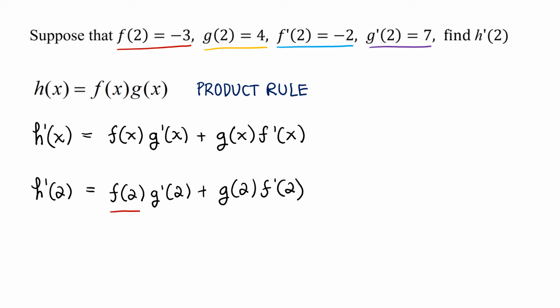So that'll be -3 times 7 plus 4 times -2.